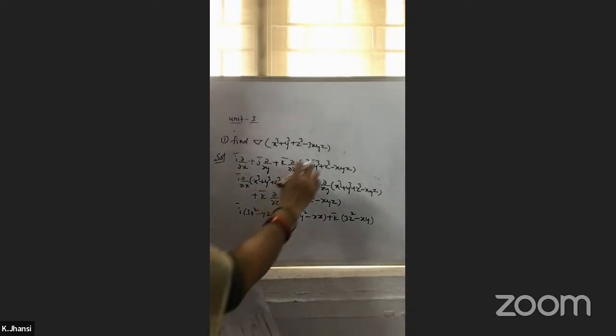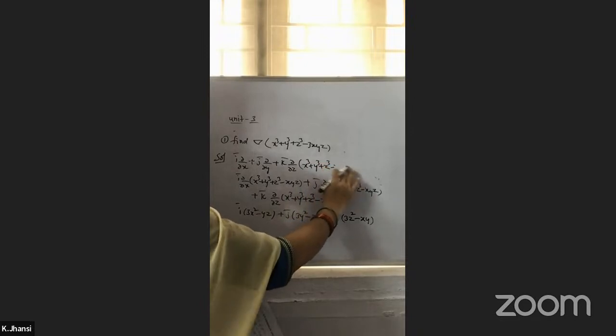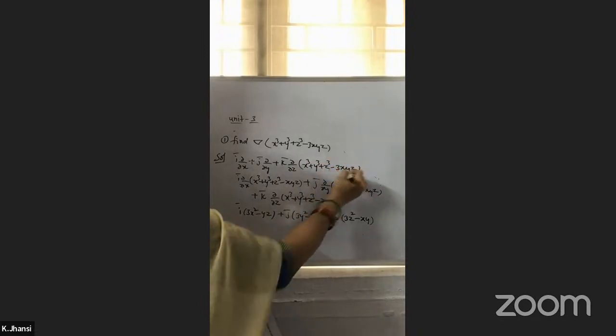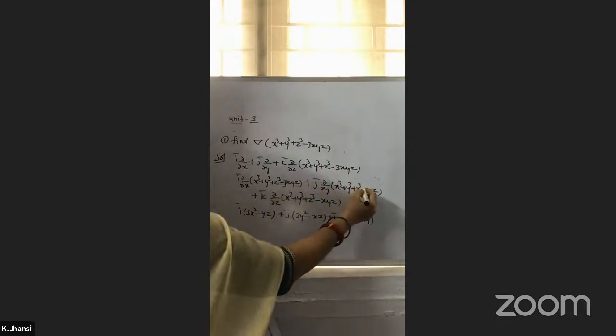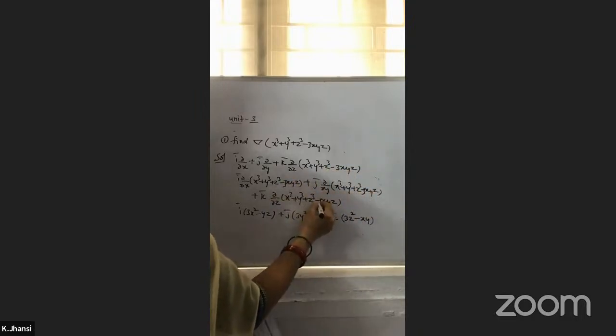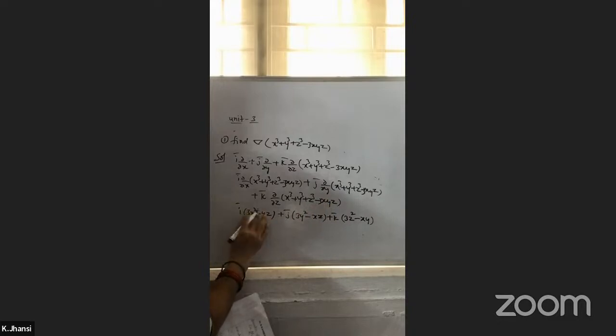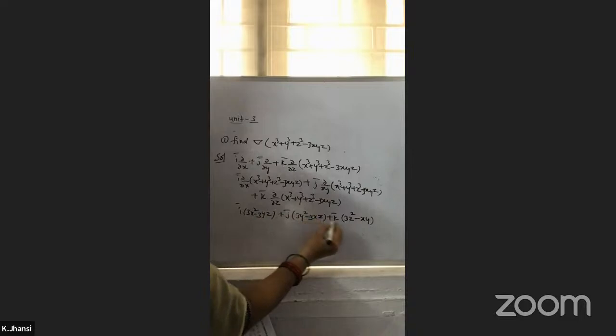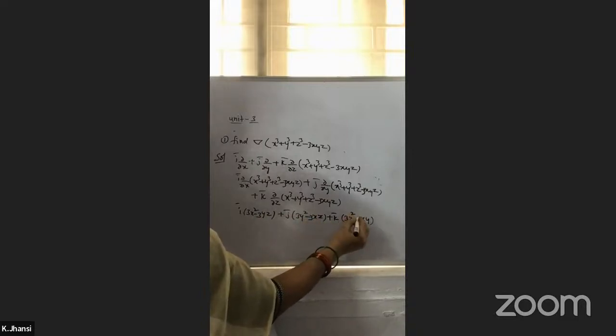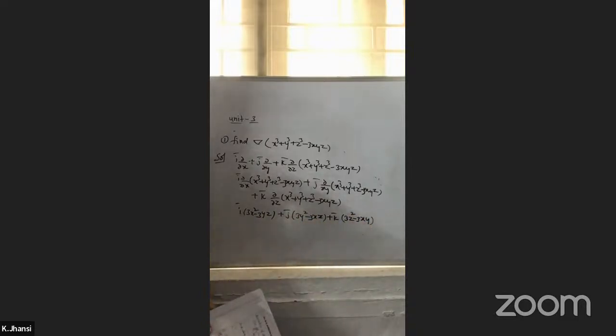Here 3 is there in 3xyz, so each of the terms will be minus 3yz, minus 3xz, minus 3xy.